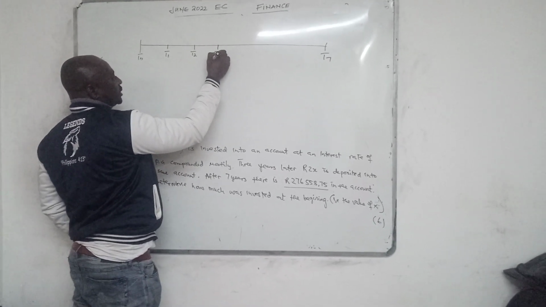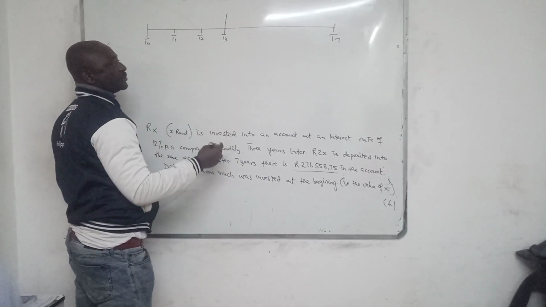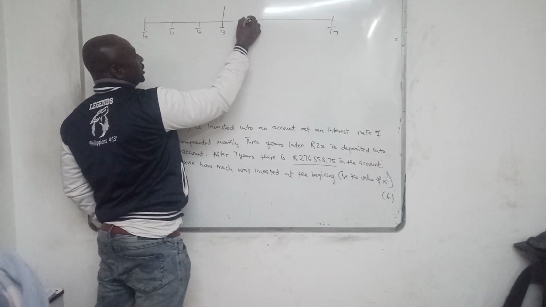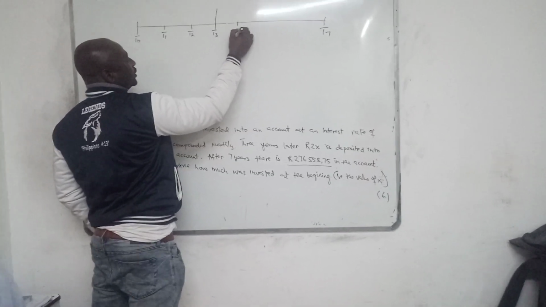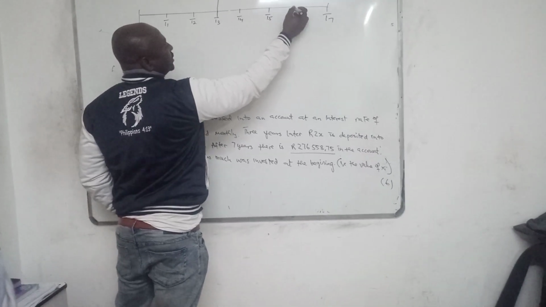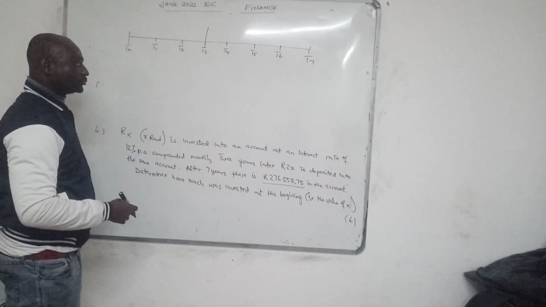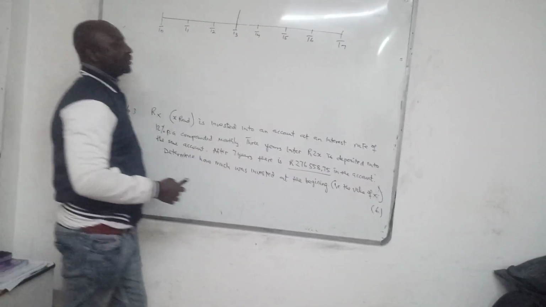Then we go to T3. Here, you can see that another investment was made. Then here is T4. That makes 4 years. T5, 5 years. T6, 6 years, and T7. You can see what is happening there.